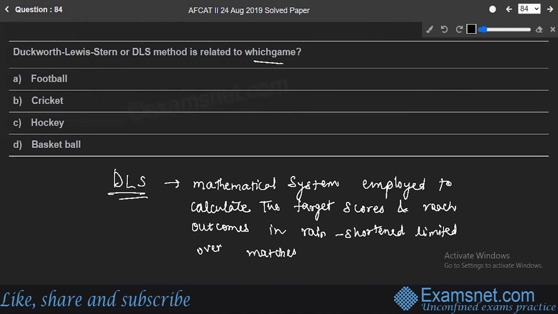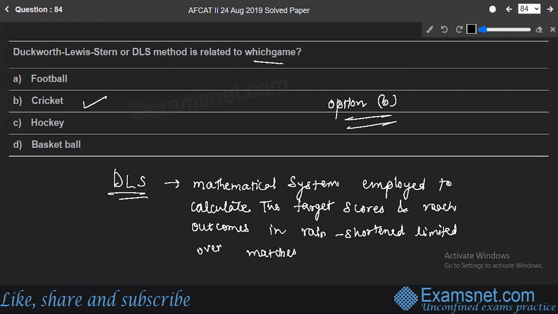So you can clearly see this particularly happens in cricket. This method is based on the mathematical calculation, which is applied when the cricket match is interrupted by weather or any other circumstances like rain. So option B is the correct answer to this question.